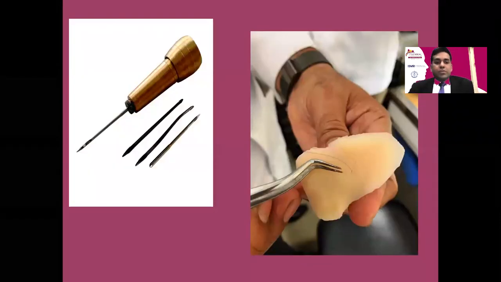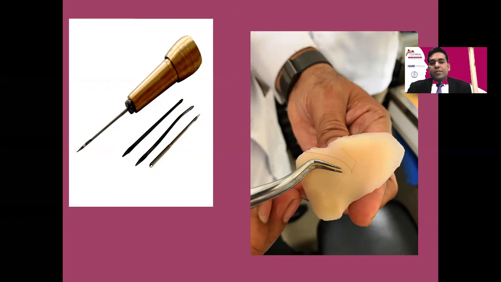Apart from that, you can use certain instruments for placement or to implant hair, so that it will give a more natural appearance. And here you can see that the hair has been placed in this prosthesis, so that it will give a more lifelike appearance, or the prosthesis will look more natural.